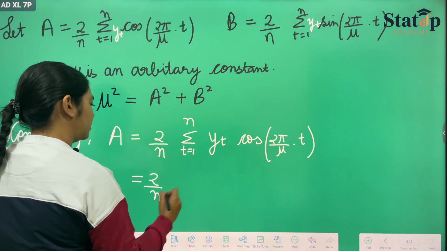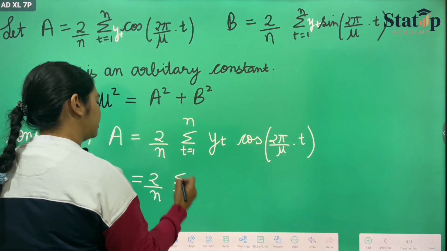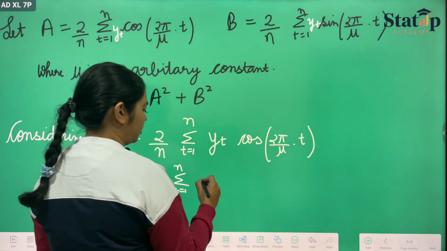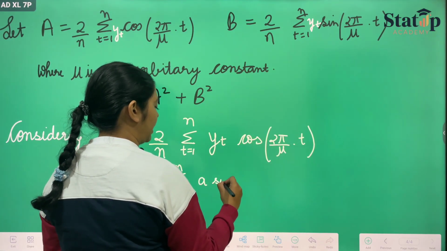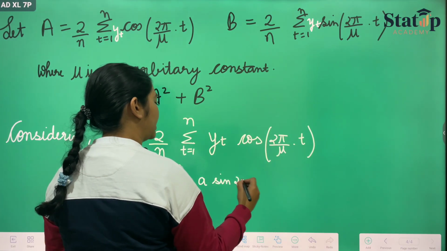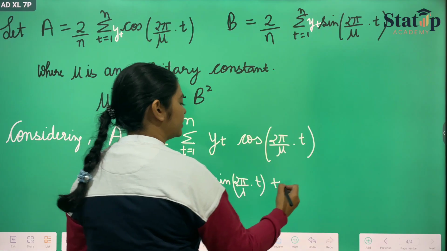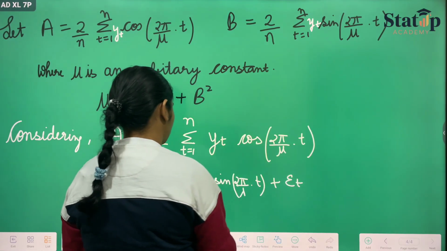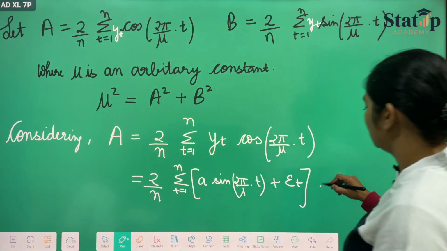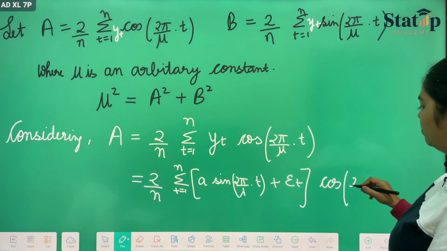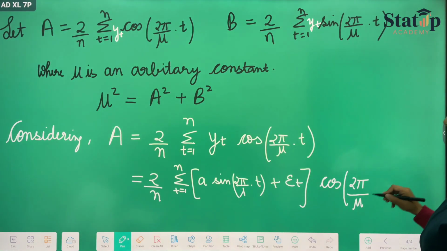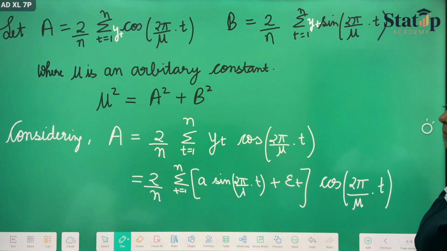2 by n summation t goes from 1 to n, A sine 2 pi by lambda into t plus epsilon_t into cos 2 pi by mu into t.